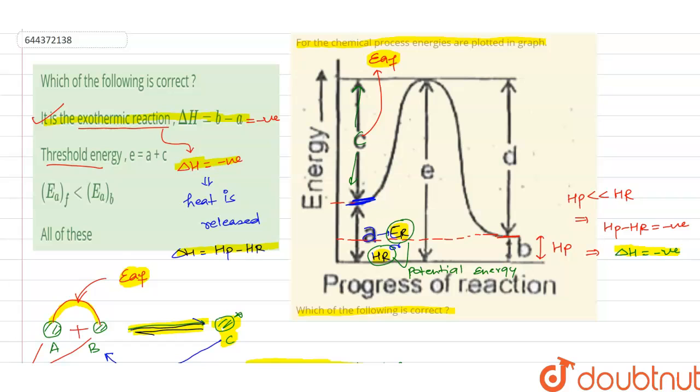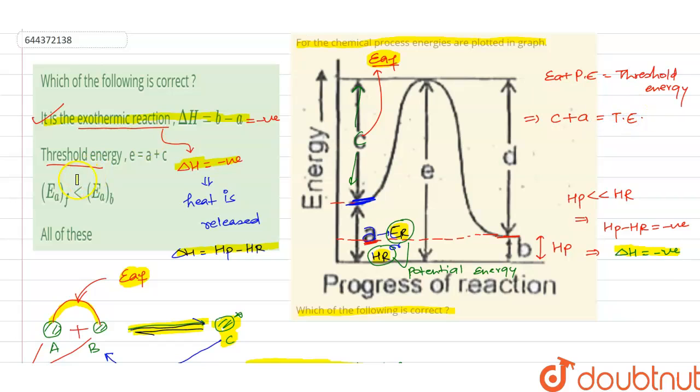Now this activation energy and this potential energy of the reactant, if we add them, that is EA plus the energy of the reactant, then we know that it is the threshold energy. We have already discussed it. So from here, putting the value of EAF, that is C, plus the potential energy of the reactant, that is A, we get the threshold energy.